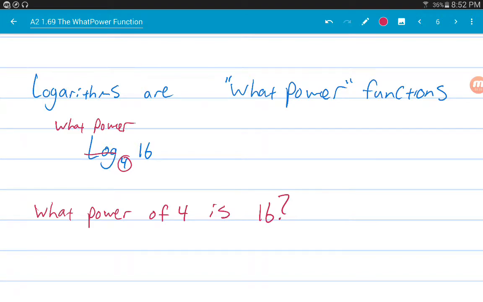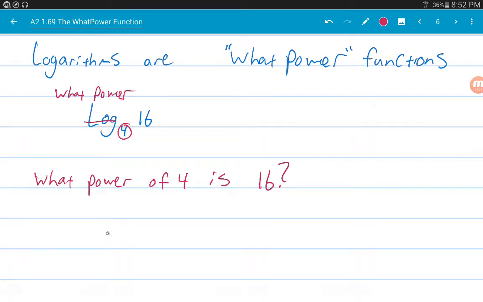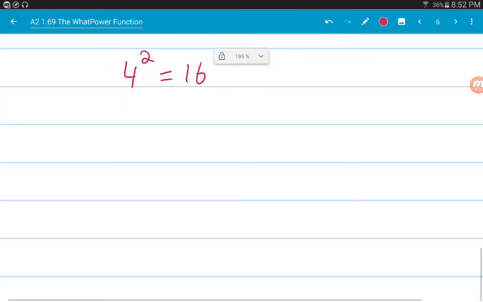So what power would I have to raise 4 to in order to make it 16? Well, 4 squared is equal to 16, so log base 4 of 16 is equal to 2. That's the idea of a logarithmic function.